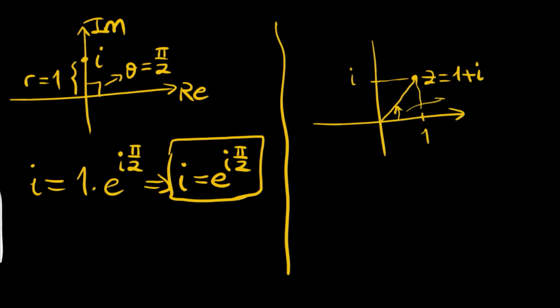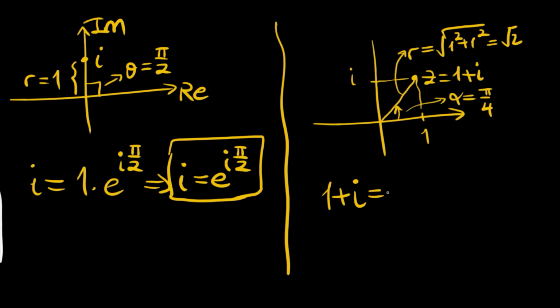Here we have theta, let's say alpha. This is equal to pi over 4. And the length here, r, is equal to the square root of 1 squared plus 1 squared. This is equal to root 2. Then our 1 plus i becomes root 2 times e to the power of i times pi over 4.